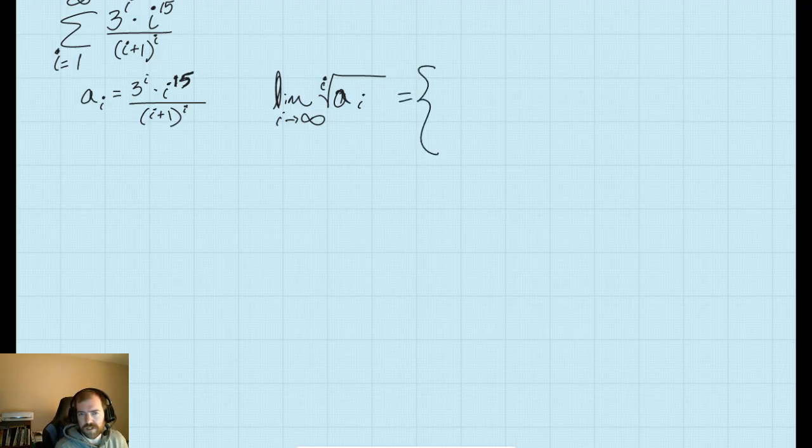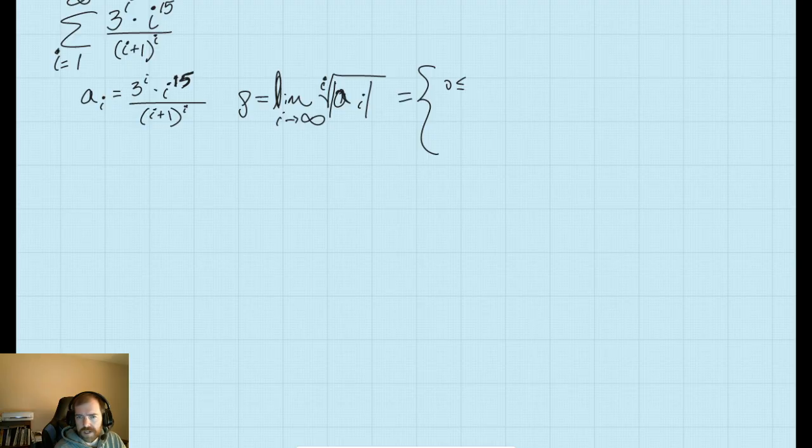So we test this. We say if our limit ends up being, let's see, where's the break case? It's 1. Right, absolute value as well. Okay, so let this be, they call it rho.